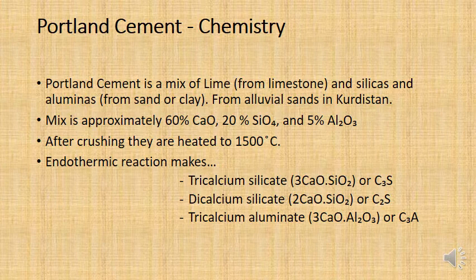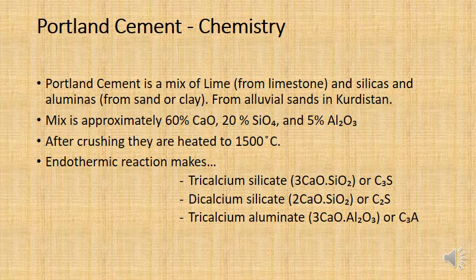And then it's also a mixture of silicas and aluminas, meaning oxides which are combined with silica or aluminium, and that comes from sand or clay. Now in Kurdistan we get the silica or alumina from alluvial sands, the sands around the banks of the Zab rivers.